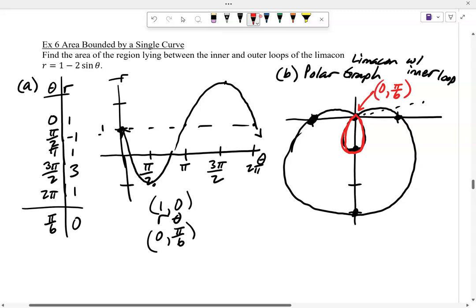And then when does it hit it again, right? When does r equals 1 minus 2 sine theta hit that again? You know, because it's coming around, all right?